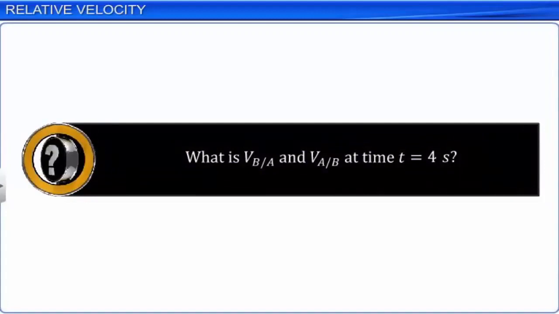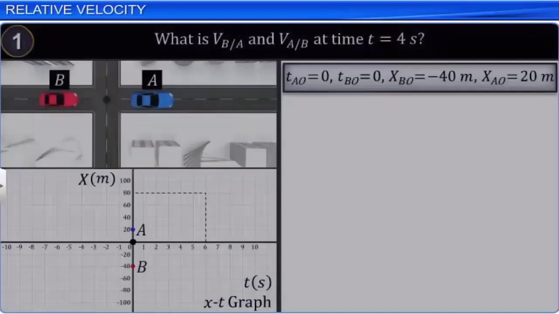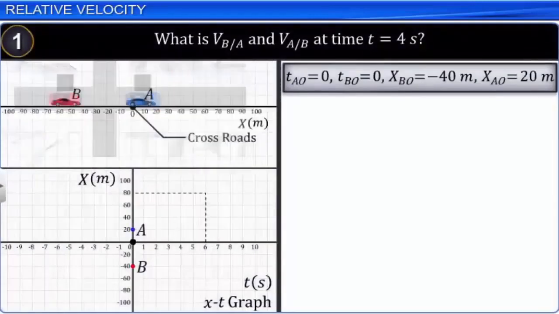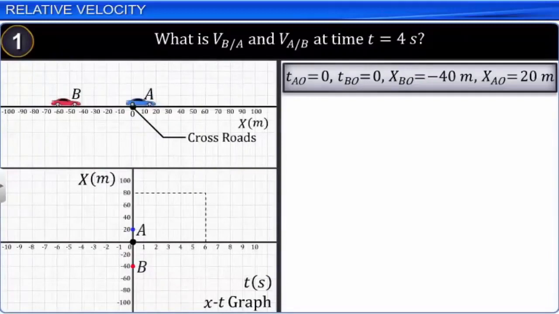1. What is VB by A and VA by B at time t equal to 4 seconds? As A and B are moving with different uniform velocities, the values of t, VA and VB are 4 seconds, 10 meters per second and 20 meters per second respectively.